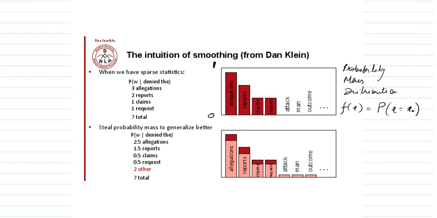So we cannot just directly put some mass here, some value here, but what we can do is take out some value from the higher probabilities and readjust it to those probabilities which have 0 values, right?